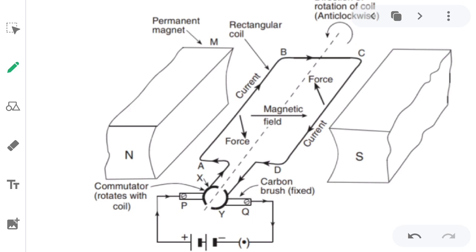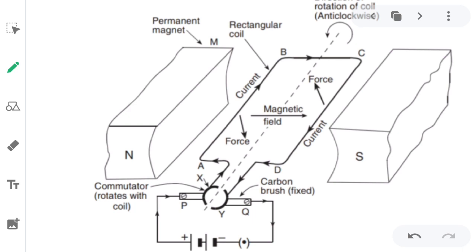And on what principle does it work? An electric motor works on the principle that when a rectangular coil is placed in a magnetic field and current is passed through it, a force acts on the coil which rotates it continuously.